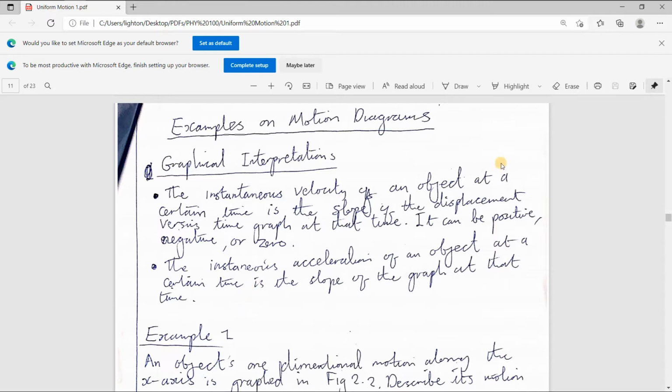Here, the slope is just the gradient. That is something which you know. A slope is a gradient, and all of you know how to calculate the gradient. Whether the slope is a curve or a straight line, you have to know how to solve for the gradient.